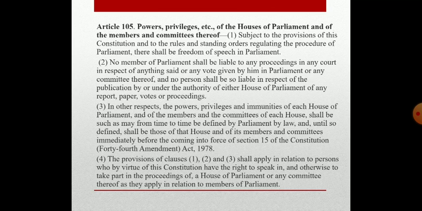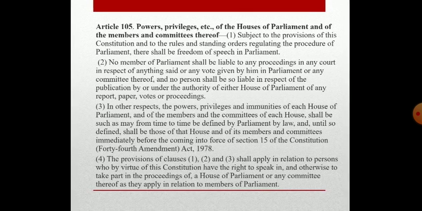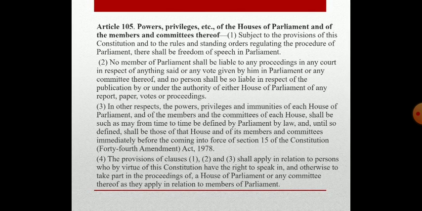So this particular clause provides that the powers, privileges and immunities of each House of the Parliament, the members individually and the committees collectively, shall be whatever is defined by the Parliament by an appropriate law.